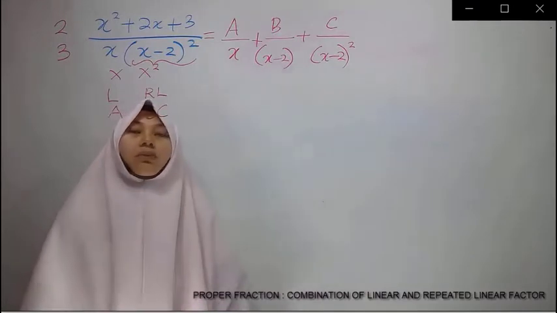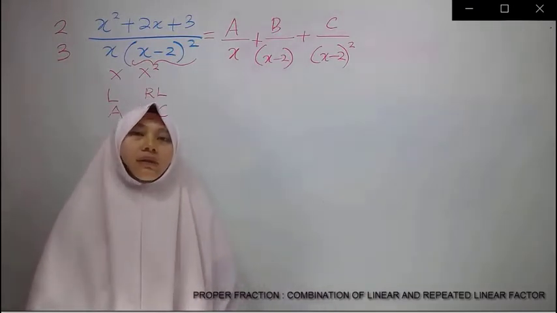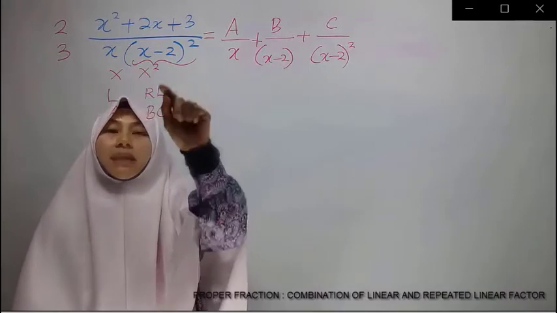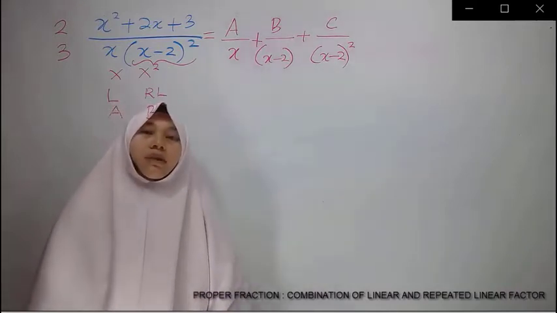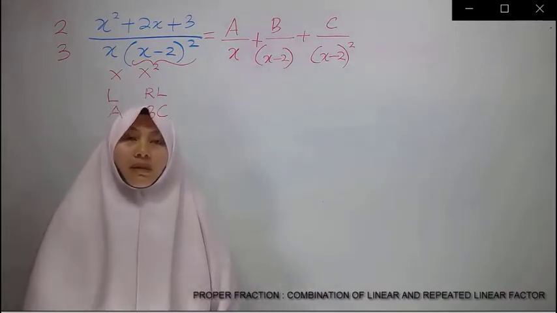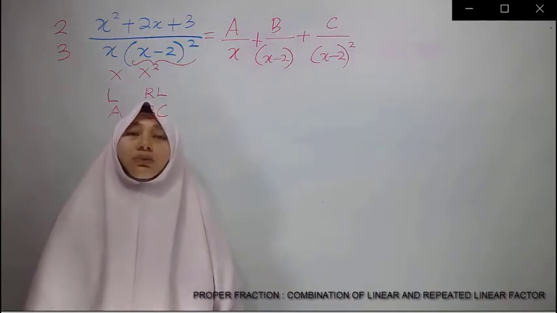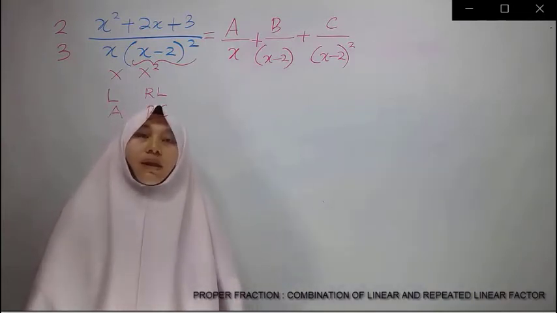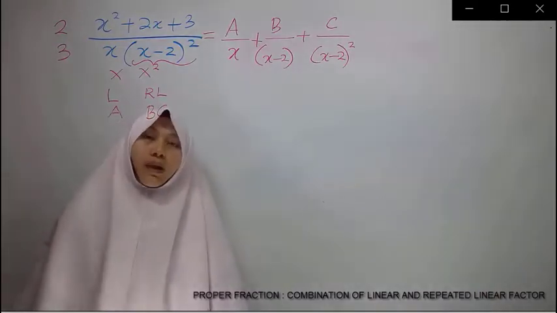Now next step is we want to construct an equation. But since we have repeated linear in our denominator, we cannot use cross multiplication, but we need to use a longer way to construct an equation. I'll show you how.